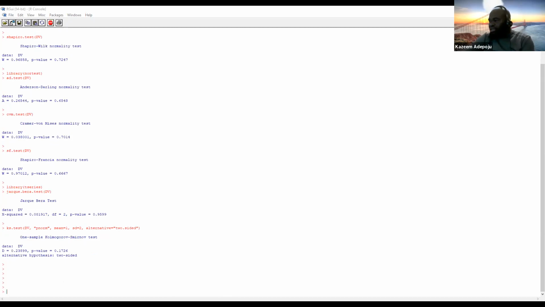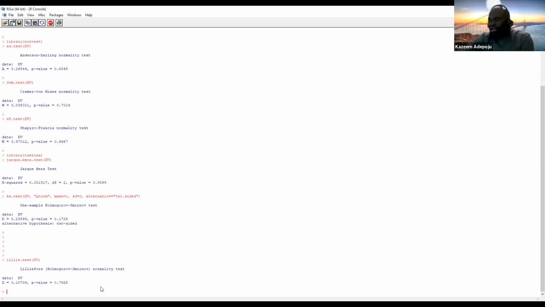So I'm going to go into the last one now, which is the Lilliefors test. The Lilliefors test is a univariate normality test. You can see the Lilliefors test right now.